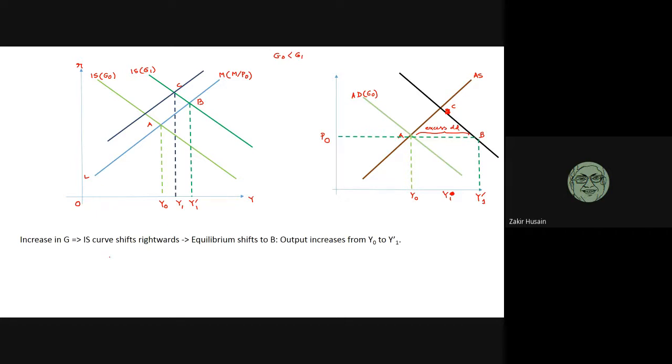So the excess demand will put upward pressure on prices that rise to P1. So this is P1.